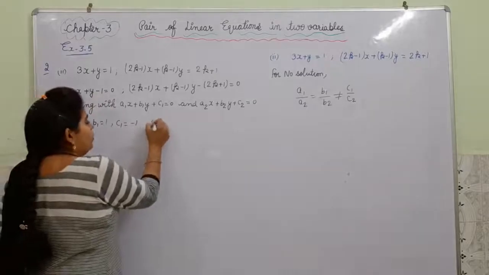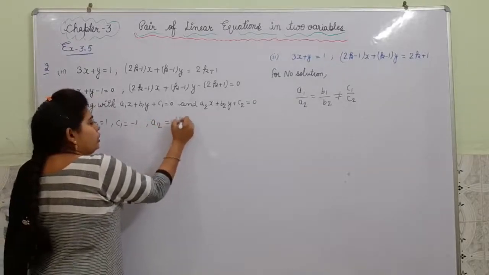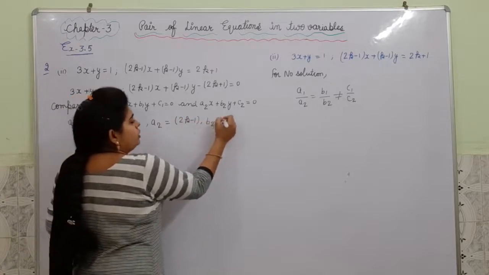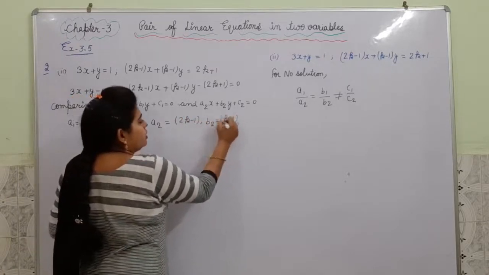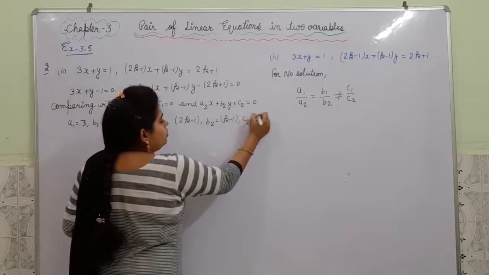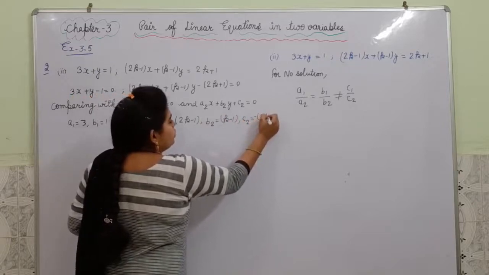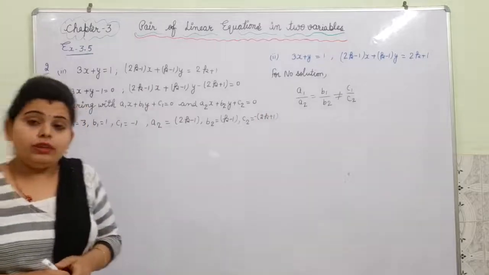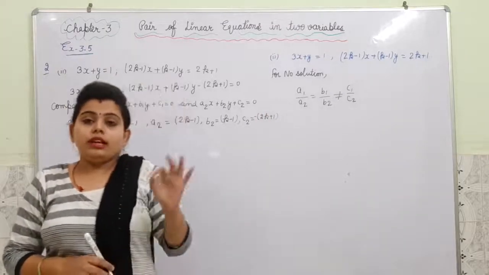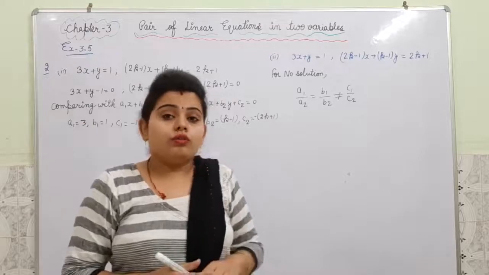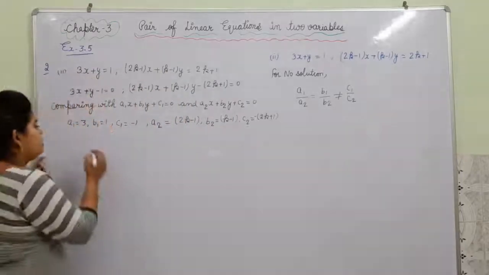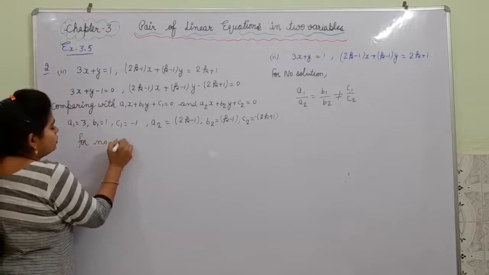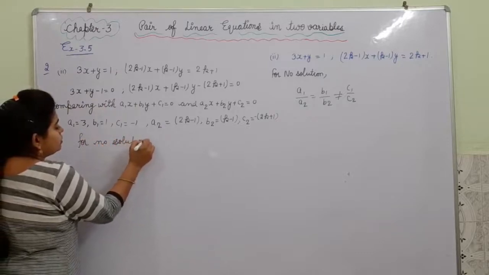After it, a2 is equal to 2k minus 1, b2 is equal to k minus 1, and c2 is minus of 2k plus 1. We got the values of a1, b1, c1 and a2, b2, c2. Now we will apply the condition for no solutions.